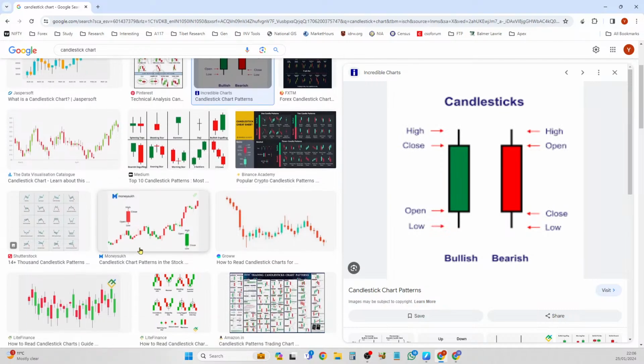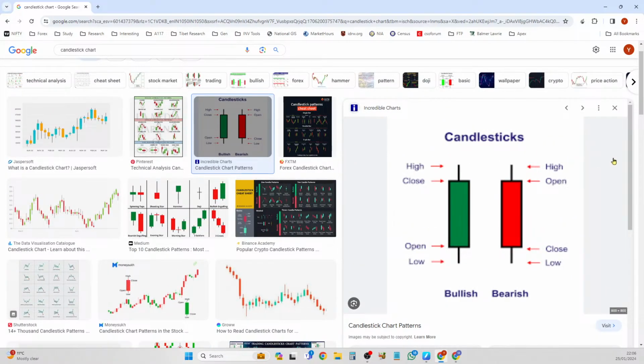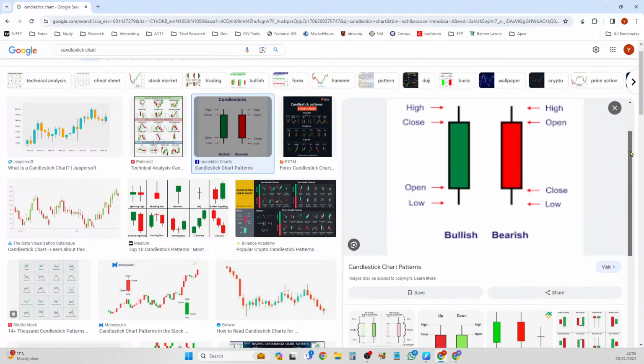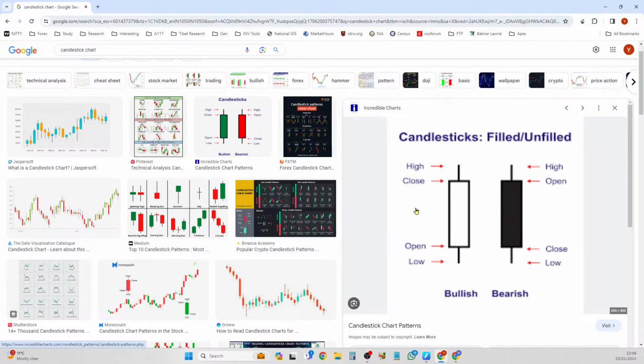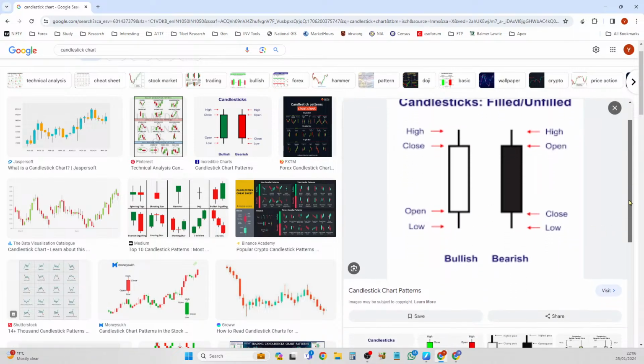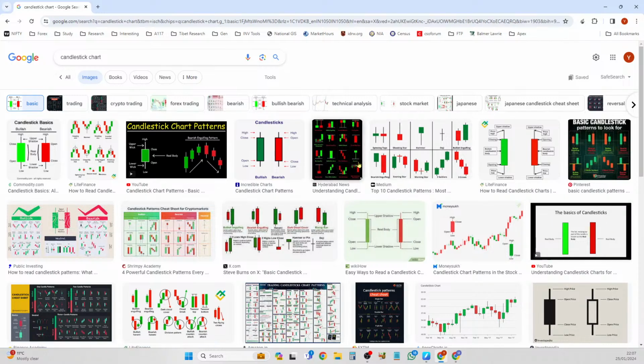Some people go with blue and white. It's all individual preference. So this is the one that I use, the black and white. And in one of the charting packages, I also use the green and red candle. So color is immaterial. You can choose your own preference over here. What we need to understand is the basics.